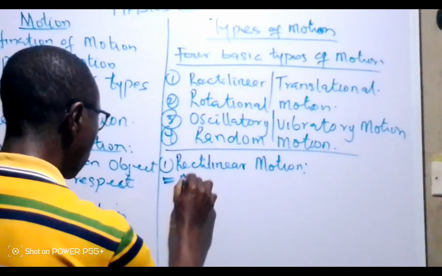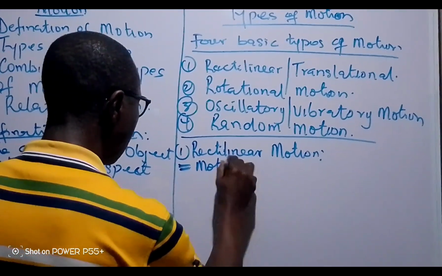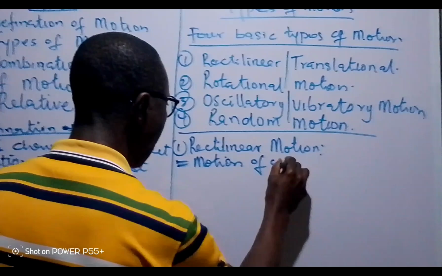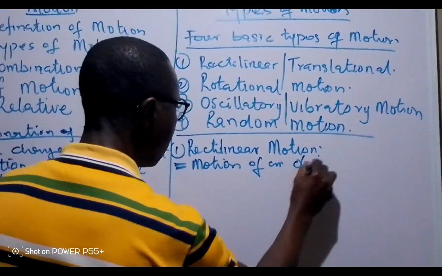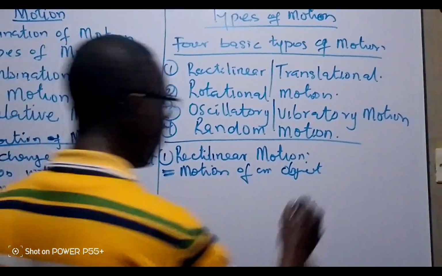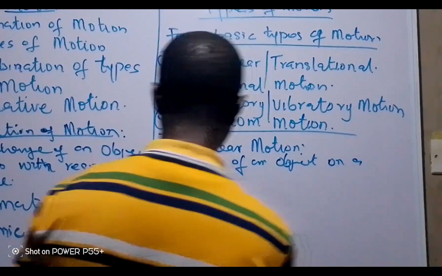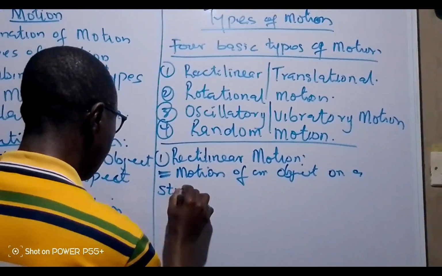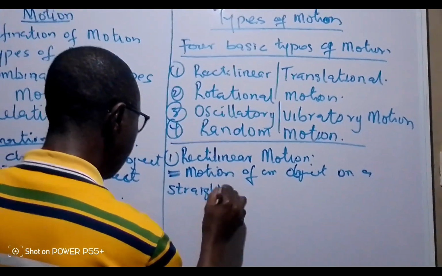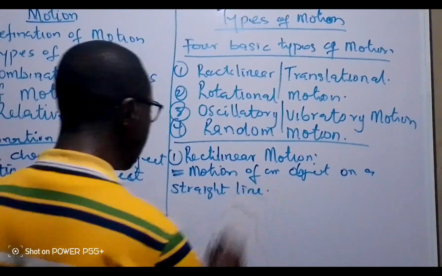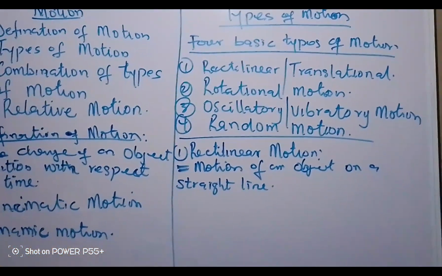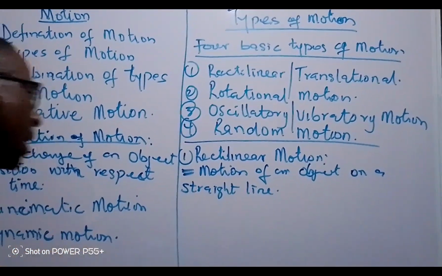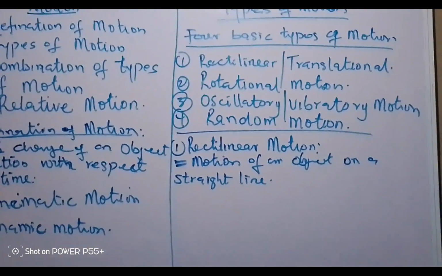Rectilinear means motion of an object on a straight line. That's what the word rectilinear means.